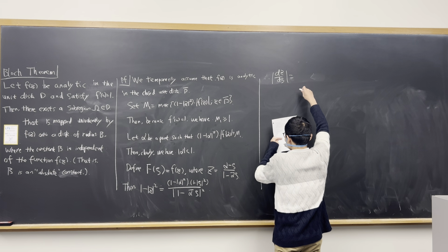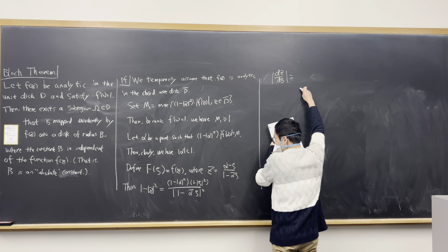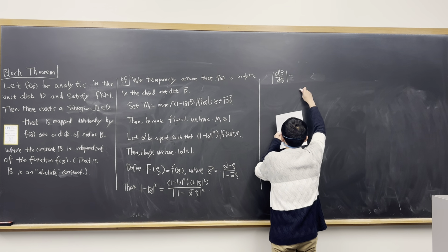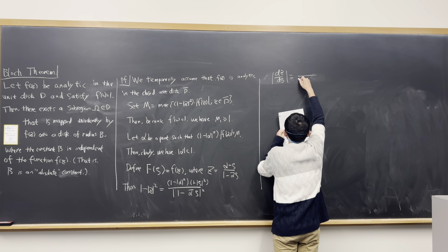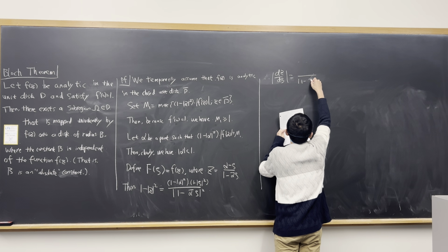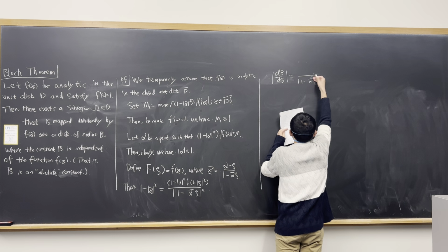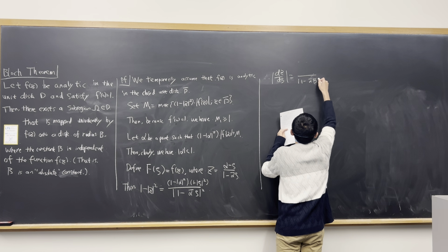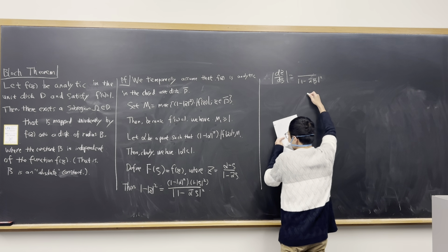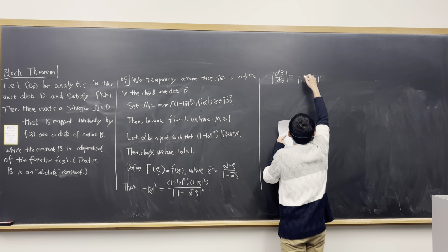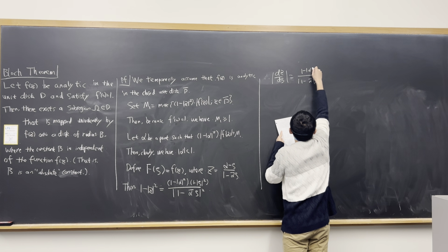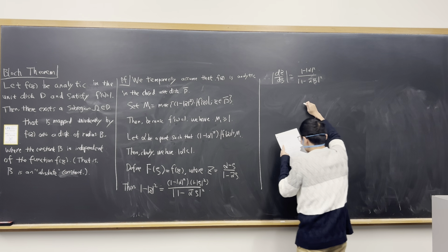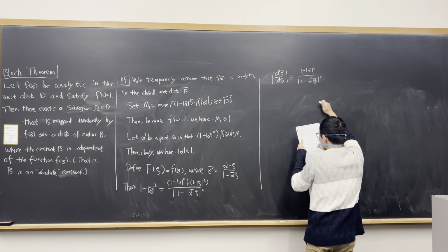So we get the bottom as 1 minus the conjugate of alpha times zeta, squared, and the top is 1 minus modulus of alpha squared.